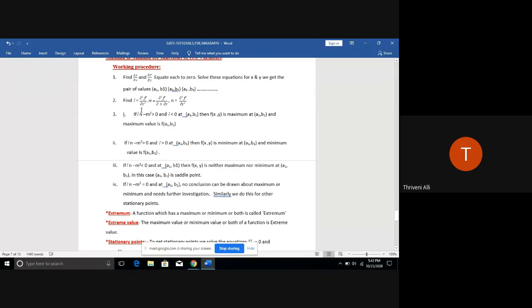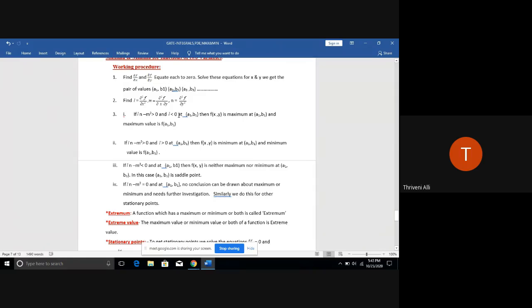After finding L, N, M, if LN minus M square is greater than 0 and L less than 0, then f of x comma y is maximum at (a1, b1). After substituting that point in the given function, we get the maximum value. If LN minus M square is greater than 0 and L is also greater than 0, then it is a minimum.